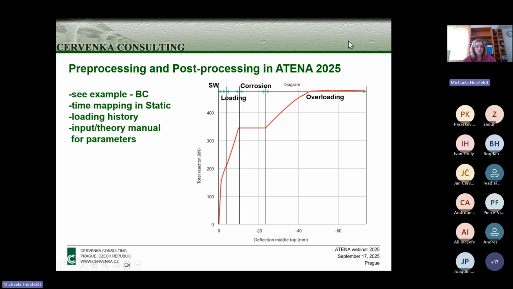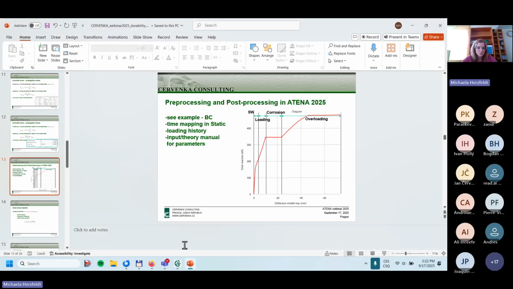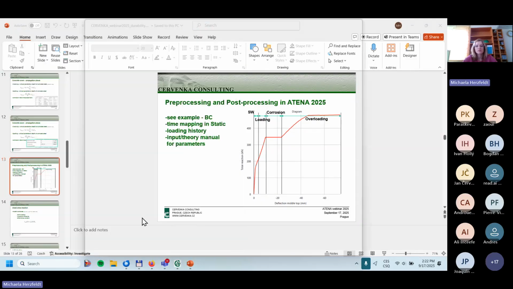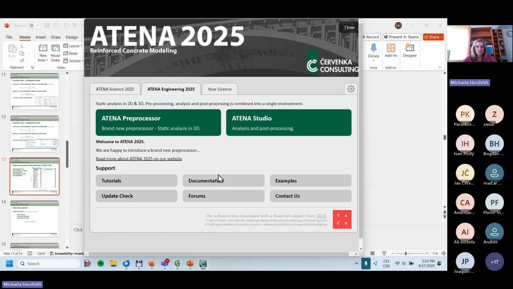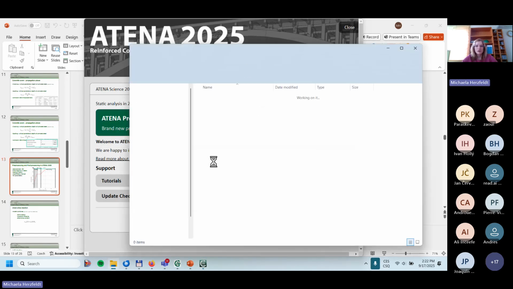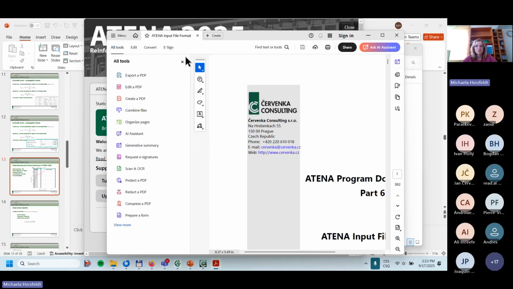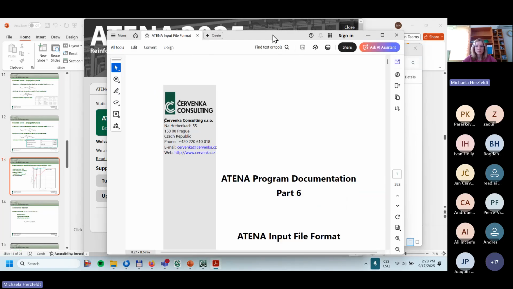I will maybe just jump into it quickly. When you go to our ATENA Center, it is easy to find the documentation, and there is the ATENA input file format, because that is actually very helpful when you are checking from time to time also your input file.